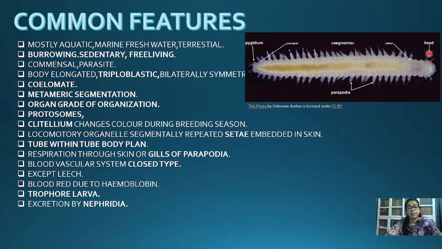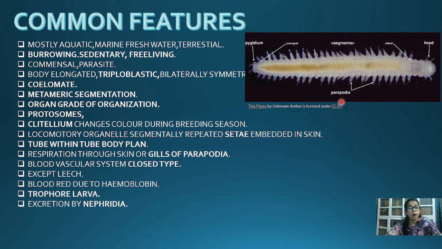Apart from that, some body features we are going to discuss: the body is elongated. You can see here that the body is elongated and triploblastic, that is the ectoderm, endoderm and mesoderm are all present, and they are bilaterally symmetrical. As I have discussed, if you divide them into two equal halves, they will be divided equally.